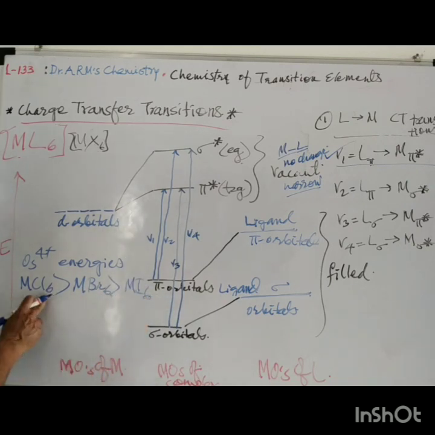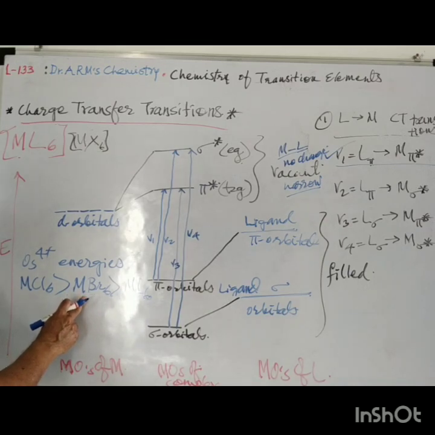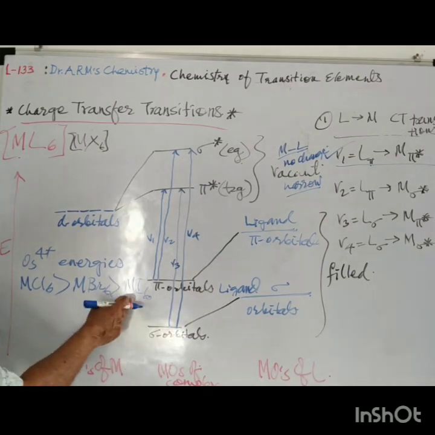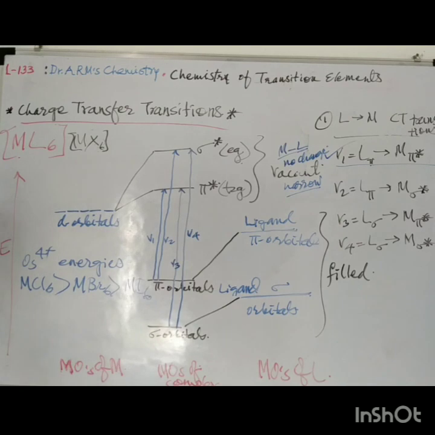So the energy required for the charge transfer transition in case of this hexachloro-osmium complex will be higher than that in the case of MBr6, and MI6 is lower than MBr6.